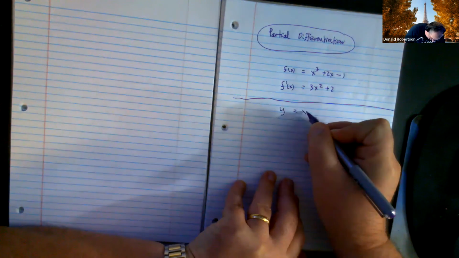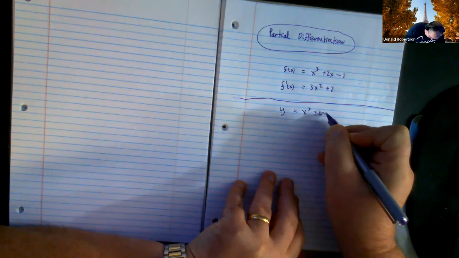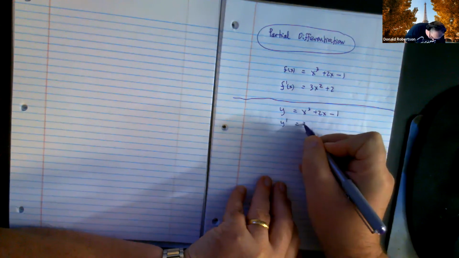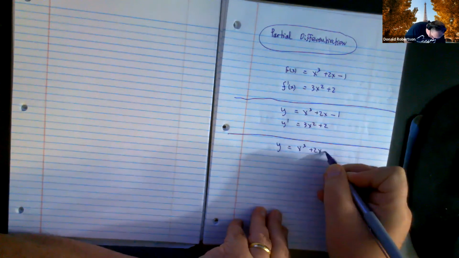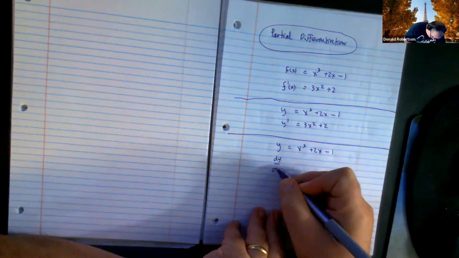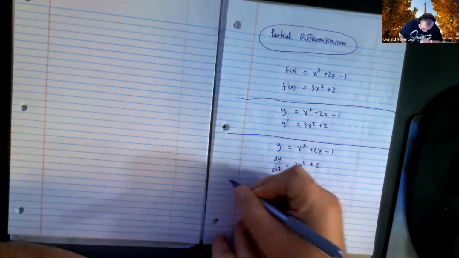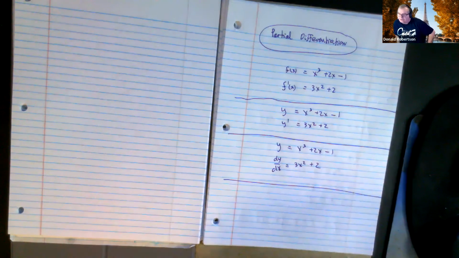Sometimes your function is called that, and its derivative would be that fella. And sometimes your function is this guy, and you would write down the derivative like that. I think we're comfortable with that.